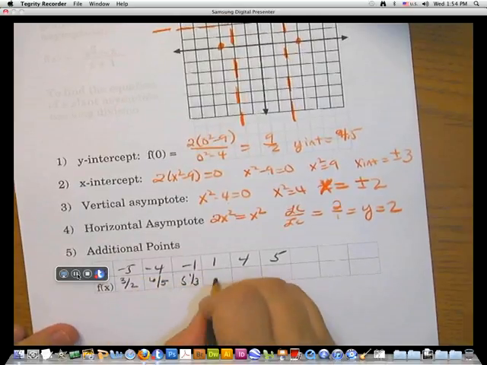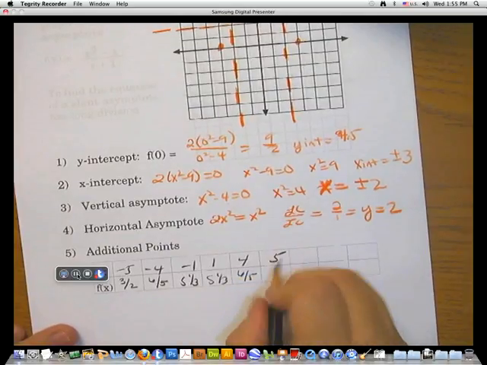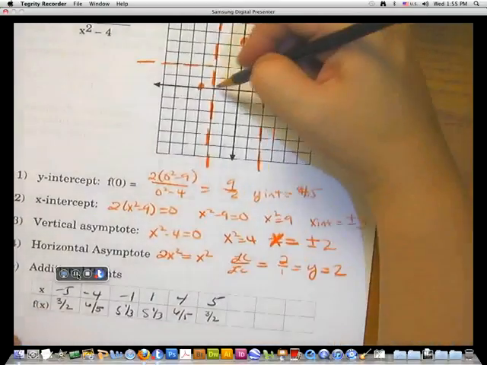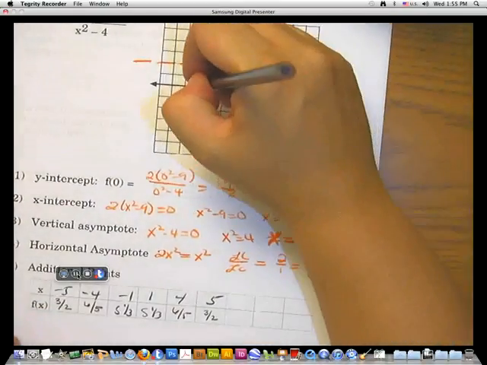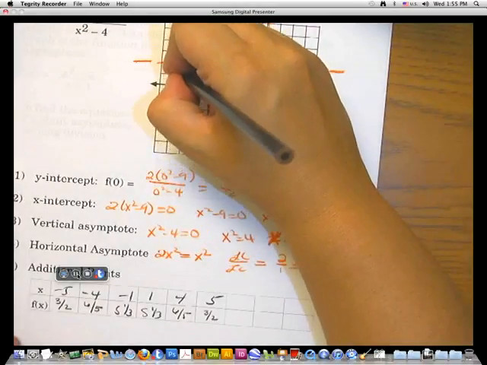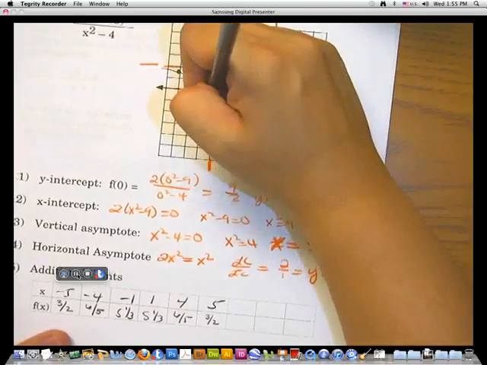And then 5 1/3, 5 1/3, 6/5, and 1 1/2. Okay, so -5 is 1 1/2, 1 1/5, so we should be able to connect our dots.